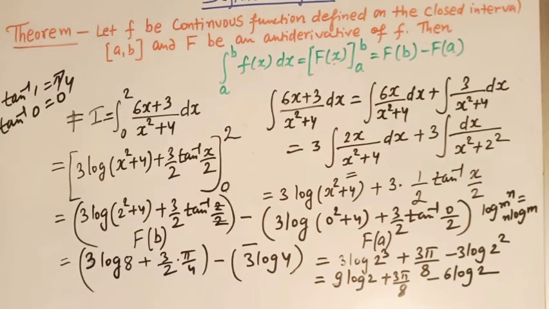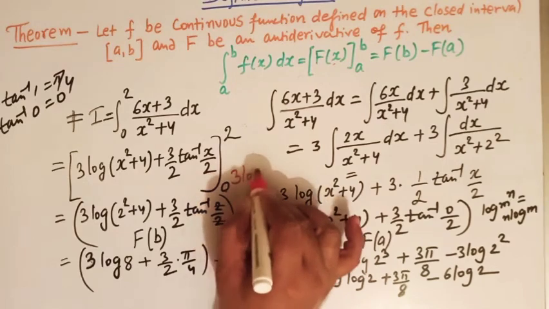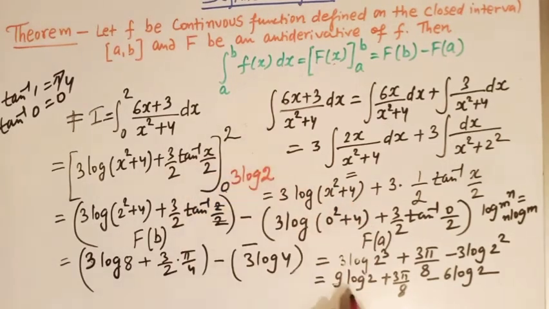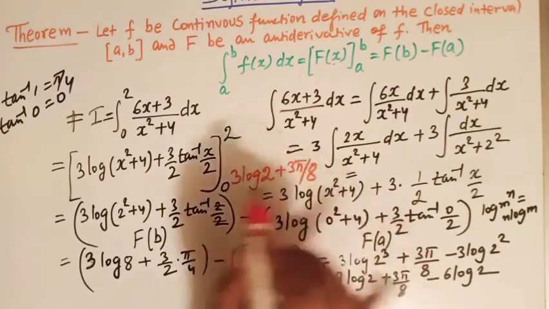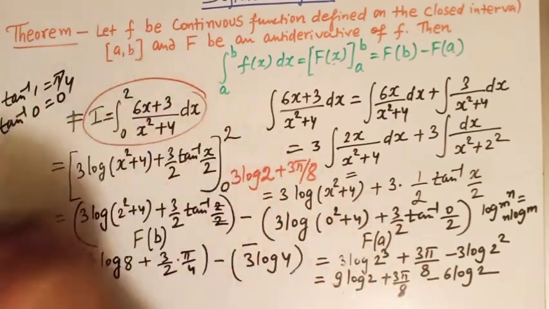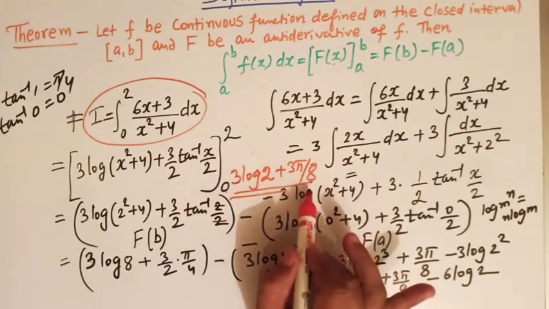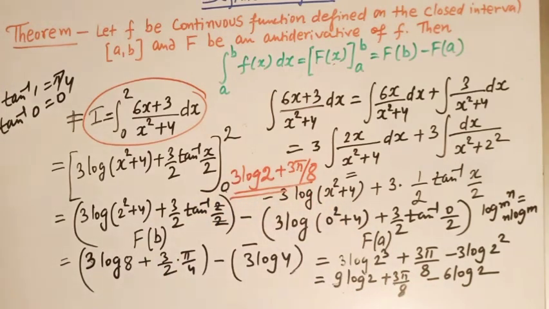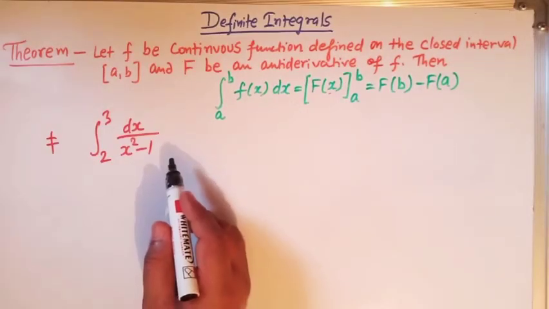So 9 log 2 minus 6 log 2 is 3 log 2. So we have 3 log 2 plus 3 pi by 8. So the value of this integral is given by 3 log 2 plus 3 pi by 8, right?